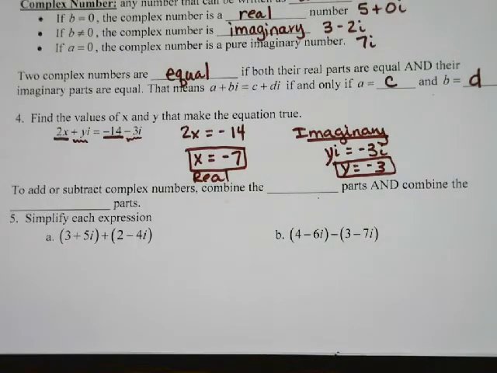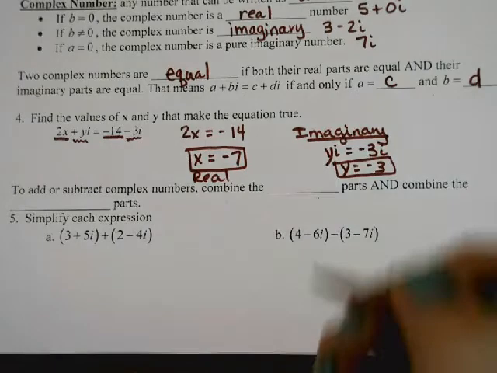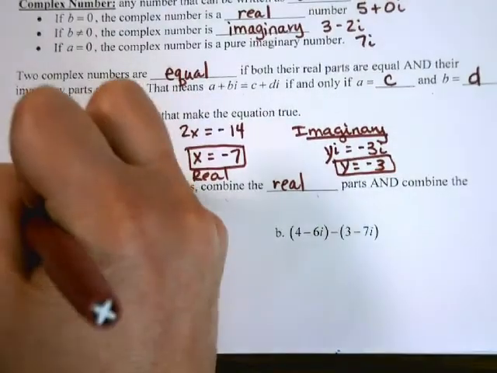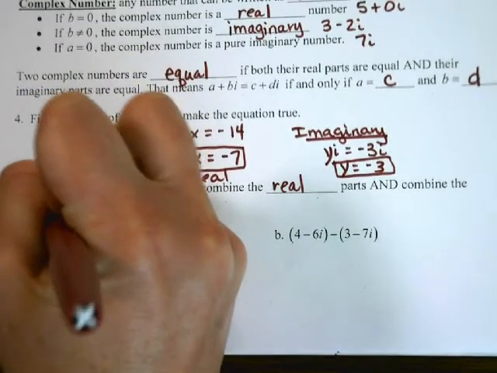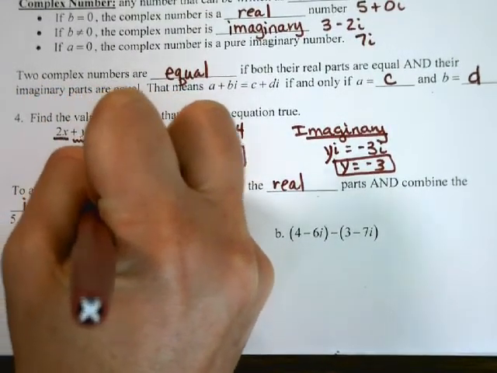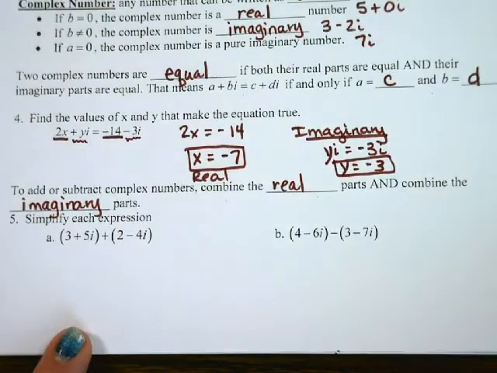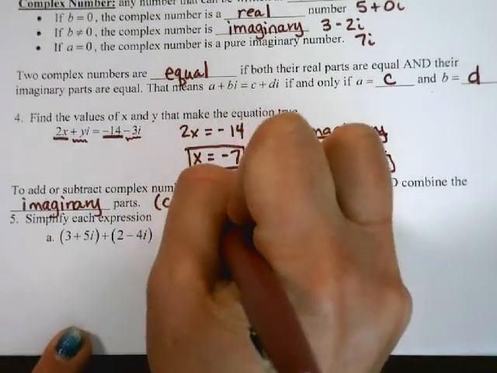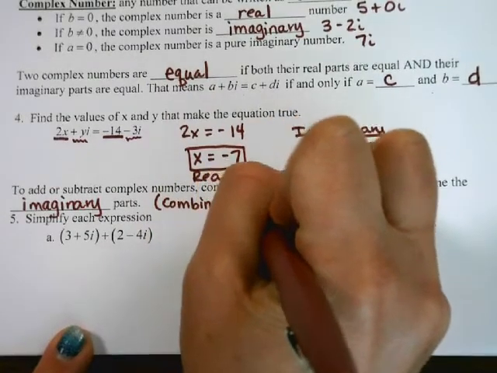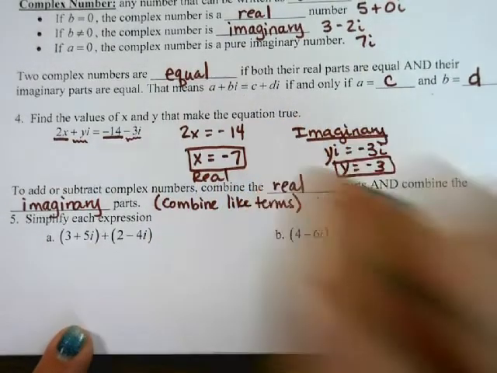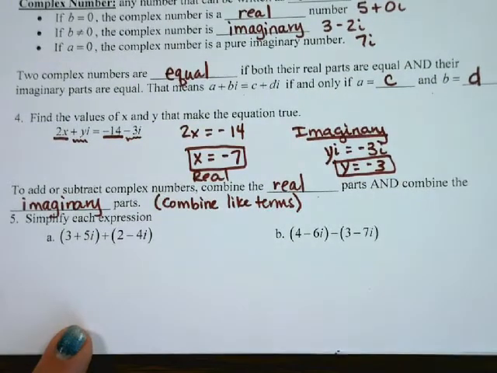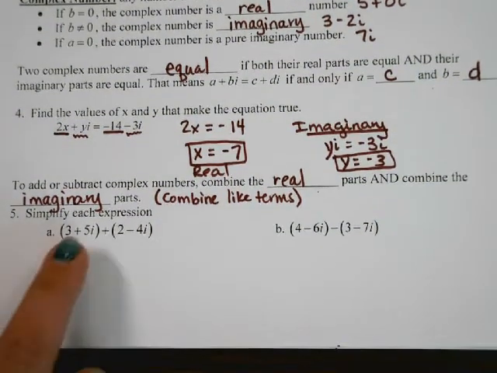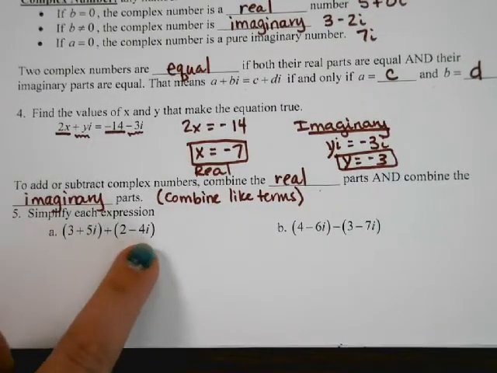Okay, to add or subtract complex numbers, combine their real parts and combine their imaginary parts. Essentially, you're combining like terms. So, 3 plus 5i plus 2 minus 4i.